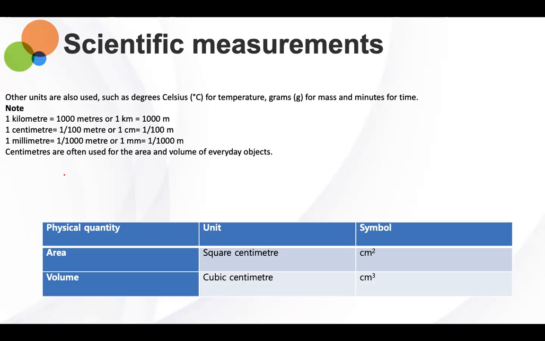And 100 centimeters is equal to what? 1 meter. And 1,000 millimeters is equal to what? 1 meter.